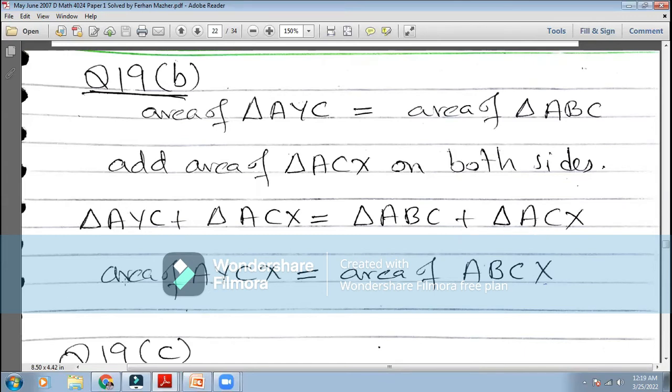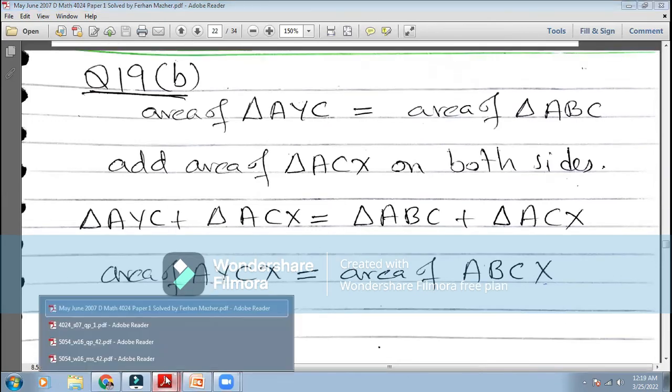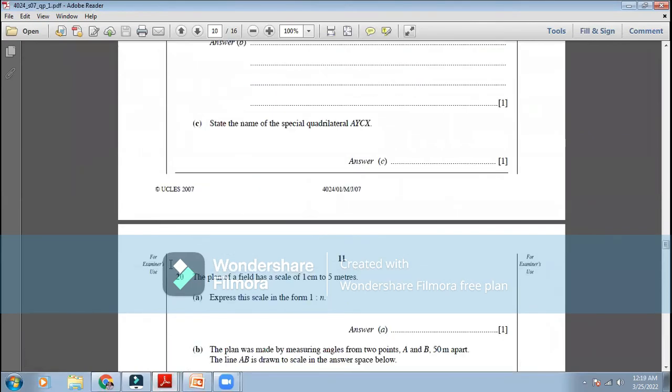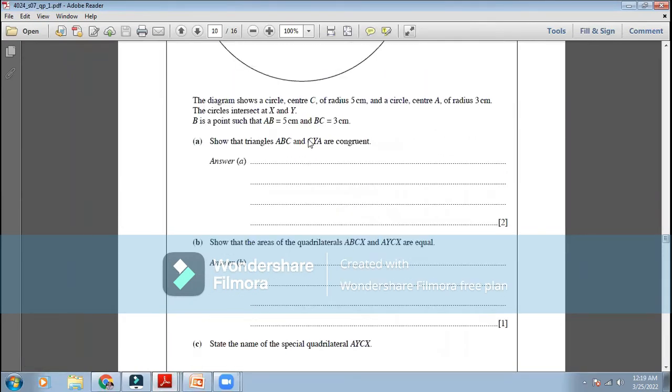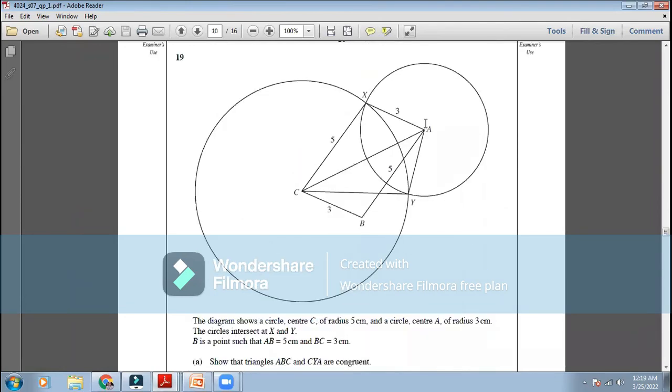So this becomes the area of the quadrilateral AYCX and the area of the quadrilateral ABCX. This is how you prove that. Hopefully you understand, this is a little tricky question. It says, state the name of the special quadrilateral AYCX.